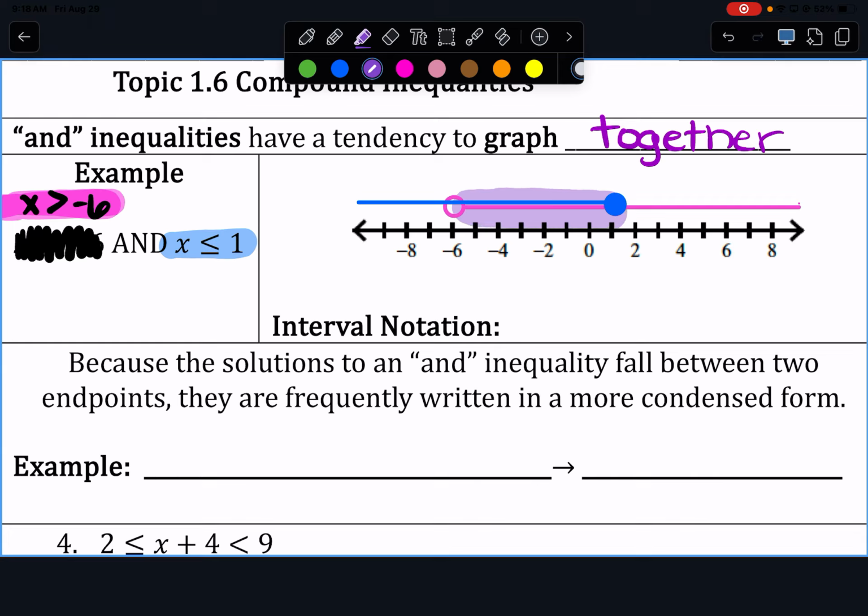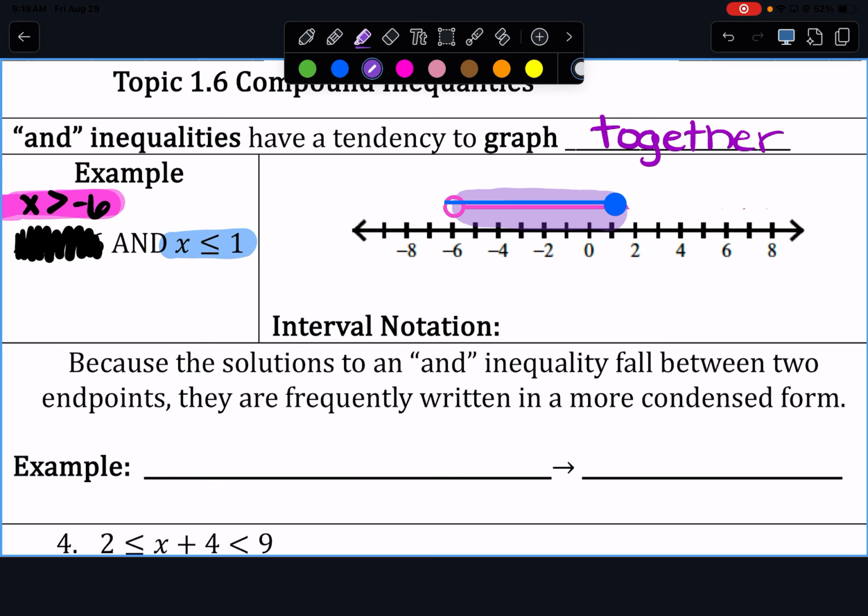When I graph these, I don't have to put the pieces out to the side. All I have to put is the pieces where they come together. So that makes graphing these actually the easiest. And if I had to pick a type of inequality, out of all of the types of inequalities we're going to look at, ands are my favorite.